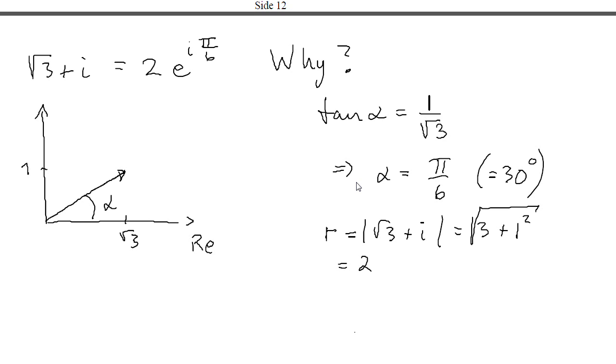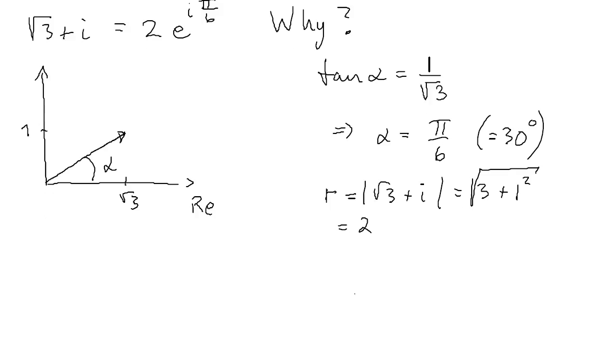And this is the tangent of the alpha value, making this equal to 30 degrees, which is the same as π/6. And the absolute value is very simple to see because you use the square root of the square of this real part plus the square of the imaginary part 1, and taking the square root of this, you obtain 2. So that's the reason why we obtain this.